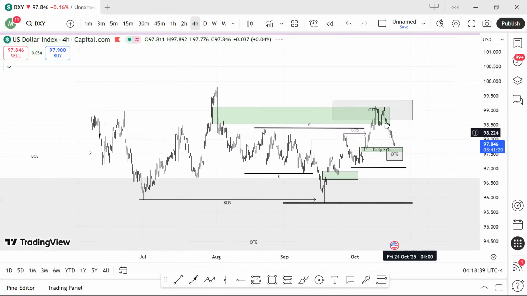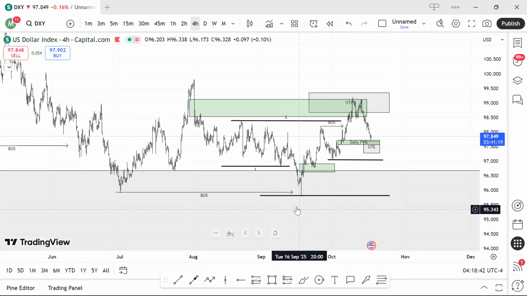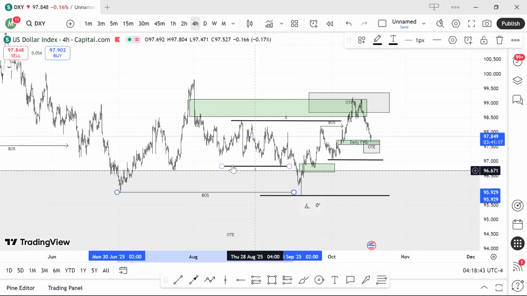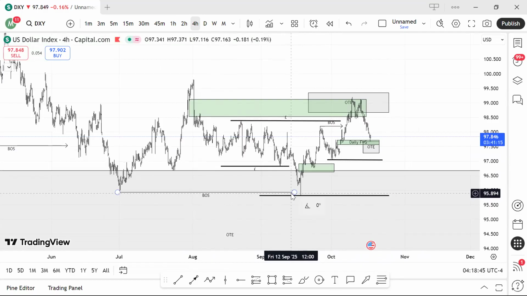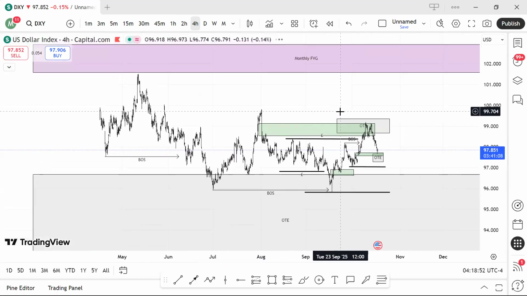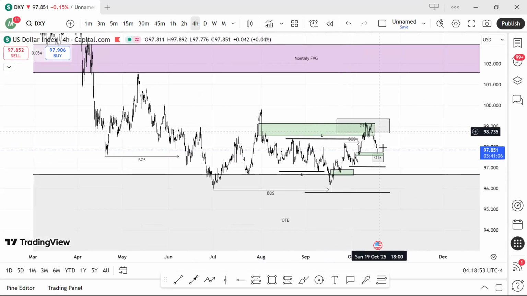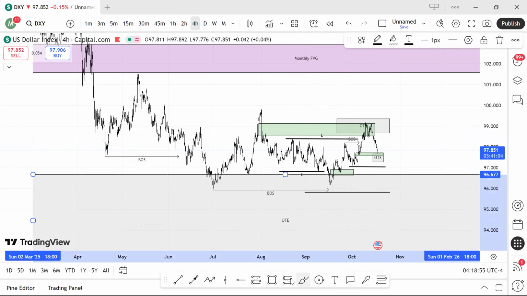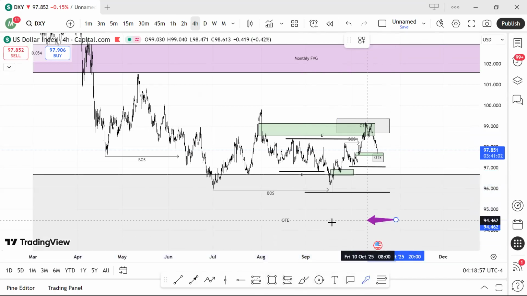On the higher time frame view, we are bullish, and we are already respecting the discount zone at the same time with this OTE, optimal trade entry buy zones for the bullish trend.